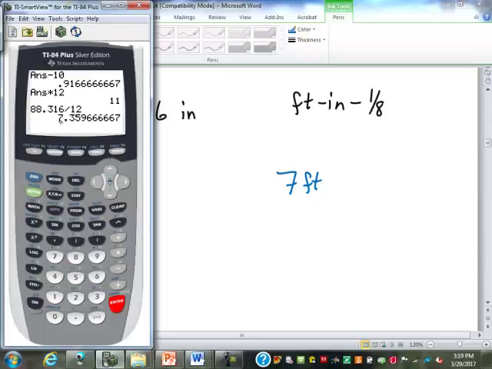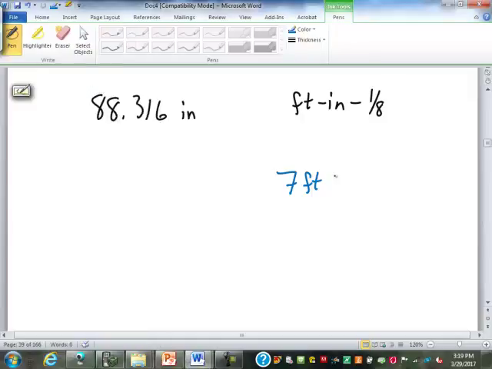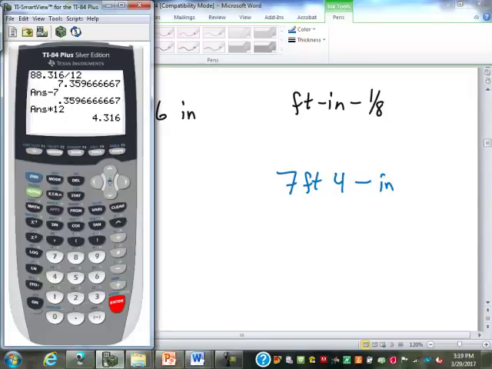So now I'm going to take off that 7 feet. I'm going to subtract 7. And I'm going to turn what's left over back into inches by multiplying by 12. So I get 4.316. That means I have 4 whole inches. Now I'm going to take that decimal and turn it into my fraction, into my eighths. So I'm going to subtract off the 4 whole inches.